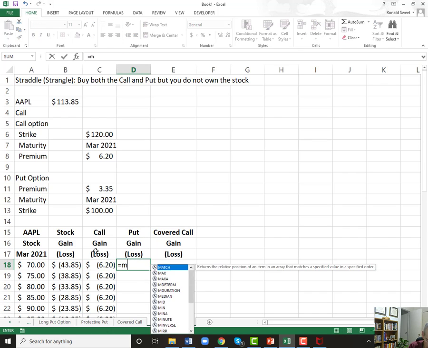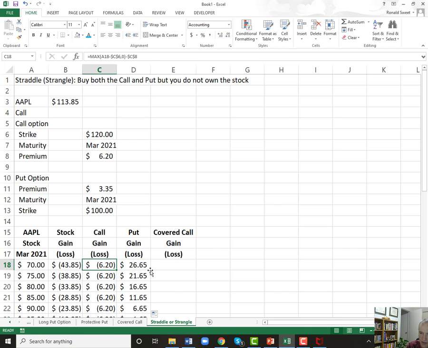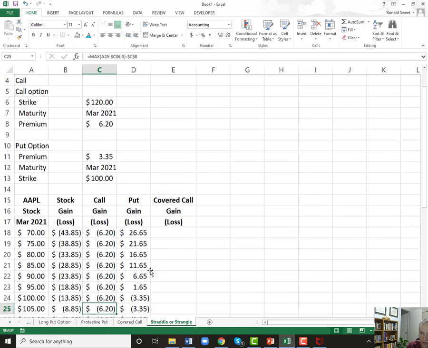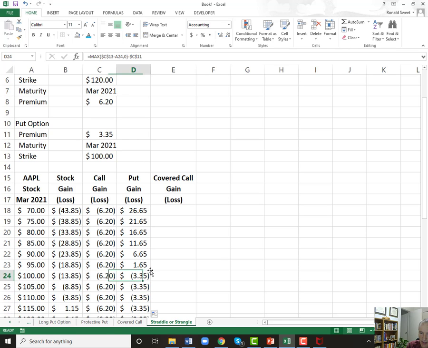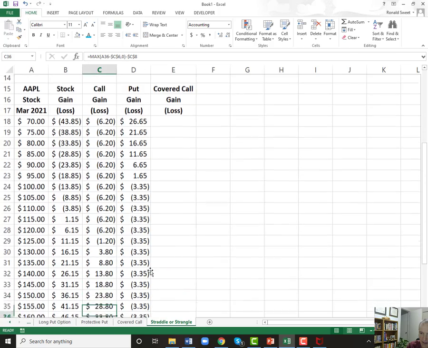Remember, it's equal max, but this time we start with the strike, and end with the stock, comma 0. We're going to make $30 minus our option premium. We copy that down. You notice the call loses at most $6.20. At some point, the put starts losing money, but then the call starts making money.